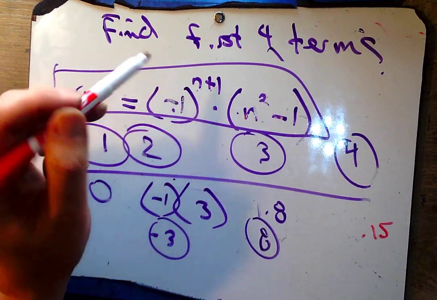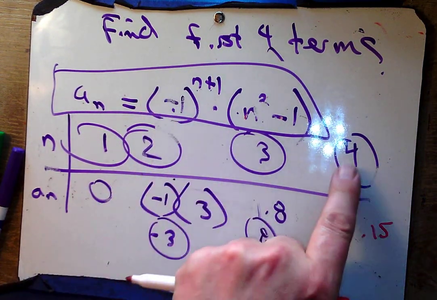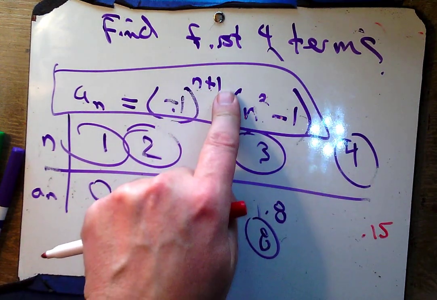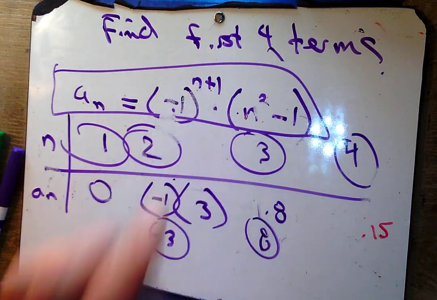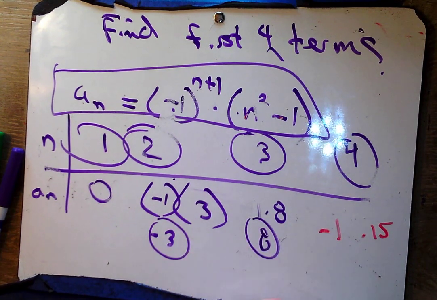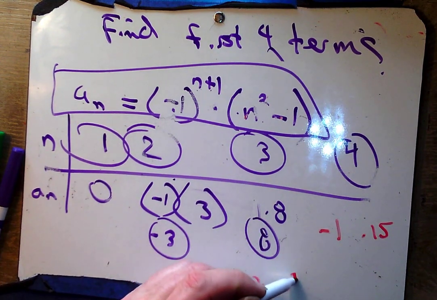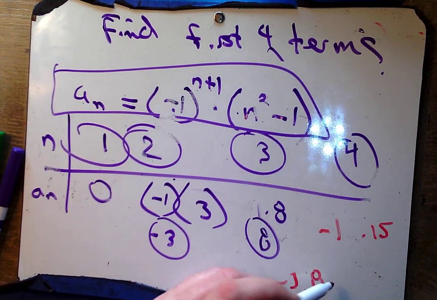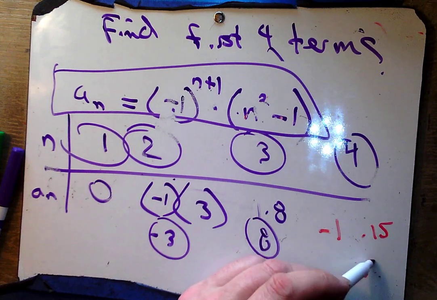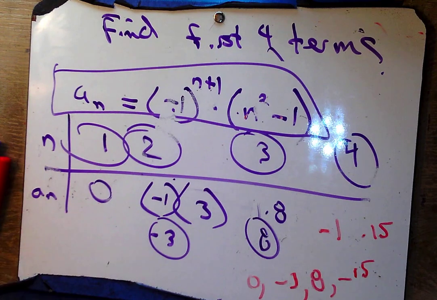And here, when I plug in my 4, 4 plus 1 is 5, negative 1 to an odd power is negative 1. And so I've got negative 15 there. So our values: 0, negative 3, 8, and negative 15. Coolio.